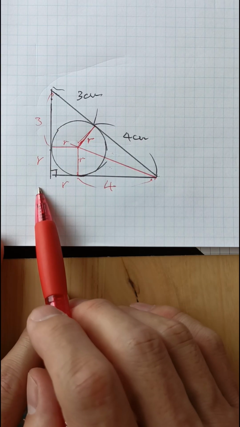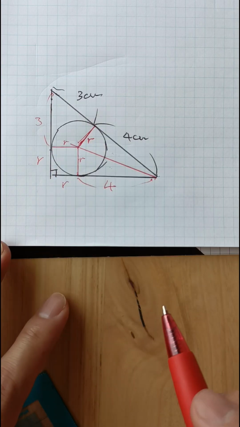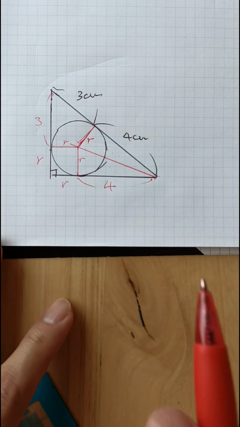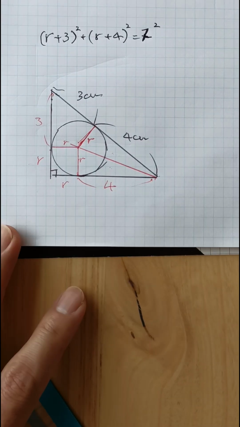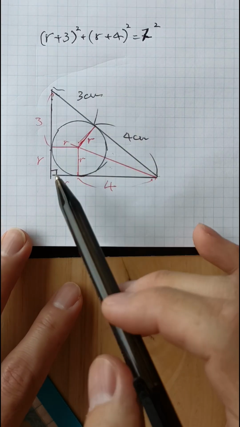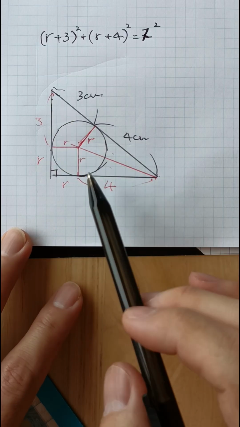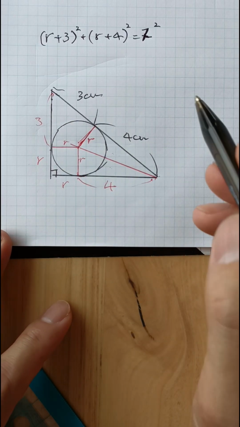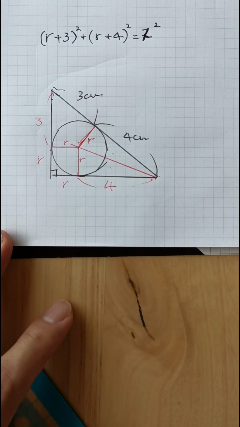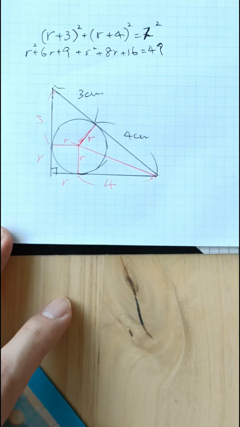This squared plus this squared is this squared, isn't it? So if I write that equation here, R plus 3 squared plus R plus 4 squared is 7 squared, isn't it? And if you expand this one, it becomes like this.